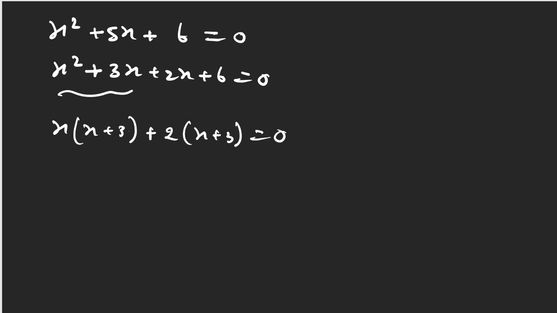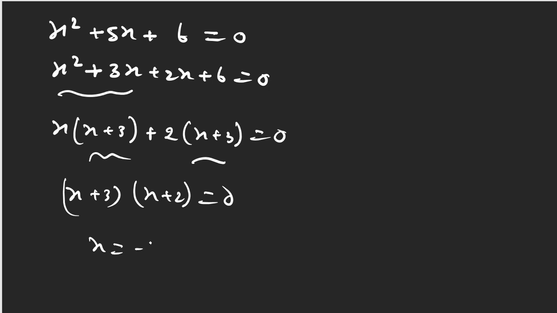See, the common quantity should be taken such that what remains is the same in both parts. Now we can take x plus 3 common and write x plus 2 is equal to 0. So x is equal to minus 3 or minus 2. Both are correct. So these are the methods of factorization.